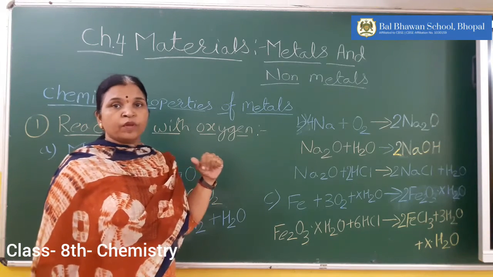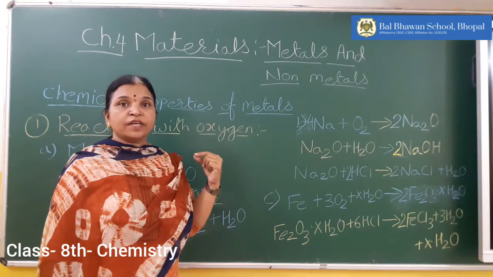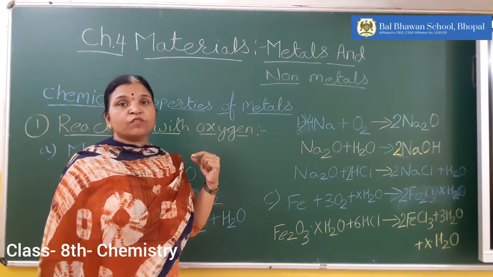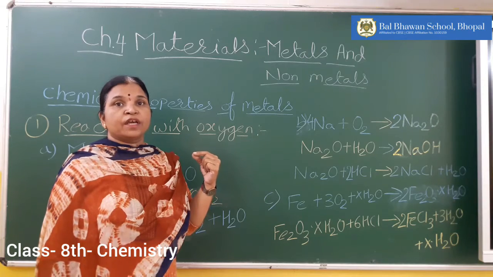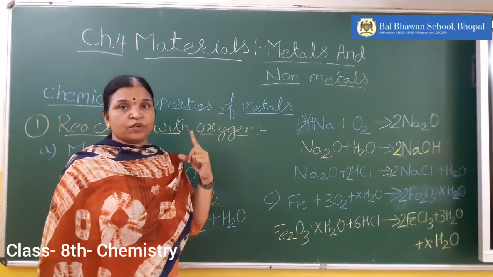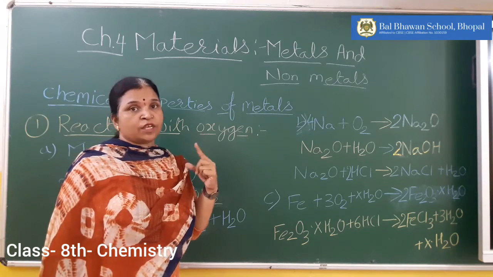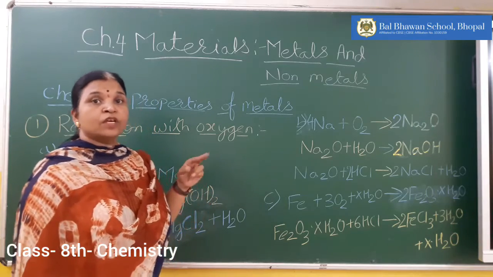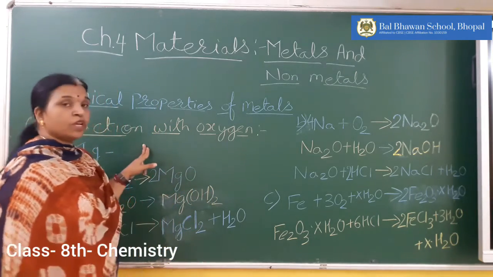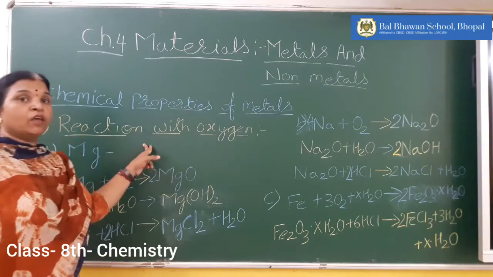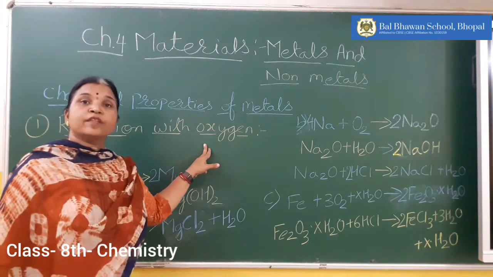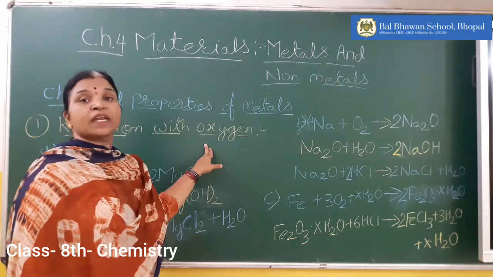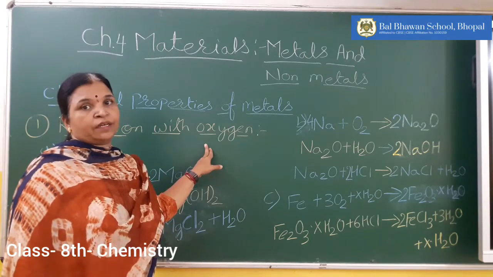If you remember, we studied the reaction of magnesium ribbon with oxygen in the chapter on physical and chemical changes in class 7. The same reaction I am going to explain. When metals react with oxygen, they produce metal oxide.